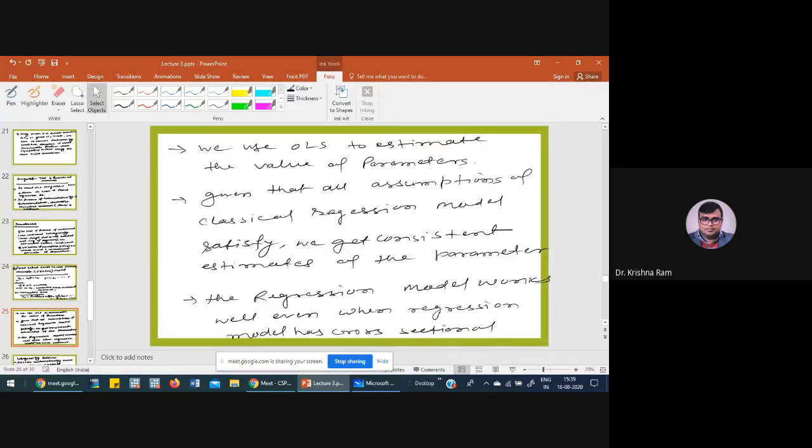Again, in this case, you use OLS to estimate the value of the parameters. And again, we ensure that all assumptions of the classical linear regression model are satisfied, so that we get consistent estimates of the parameters.